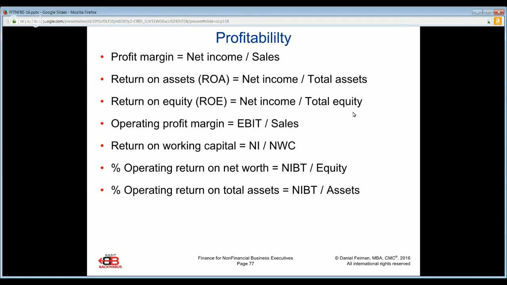So every investor says, I put my money in X organization, I want a 12.5% annual return. So let me look at the income statement and the balance sheet for these two numbers. What's the net income? Let me divide that by the equity on the balance sheet. Does that equal at least 12.5%, at least what I want?